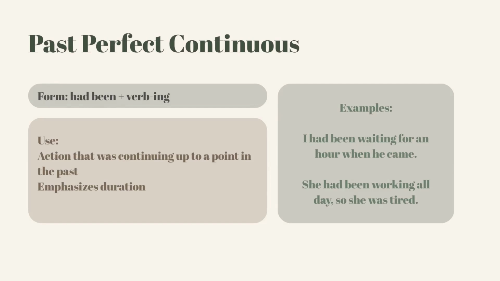We are talking about the duration. She has been studying. The action is already finished, but it was ongoing at some point in the past. It was something that was continuing on happening.